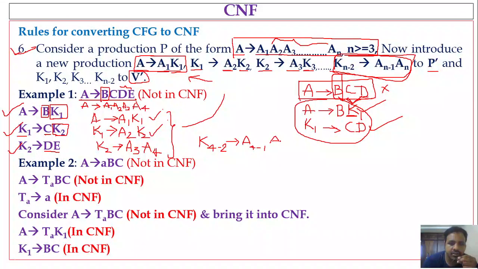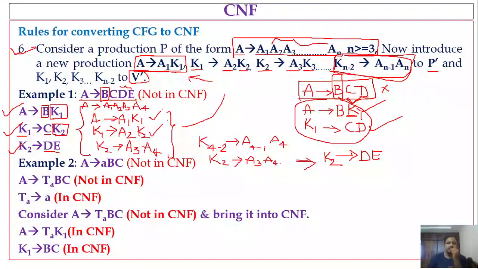So now it is K4 minus 2, that is K2, denotes A3 A4, which implies K2 denotes, what is A3 in our given example? A3 is D, A4 is E. That's it. So by applying that rule, we got this form. I think this is clear for you.